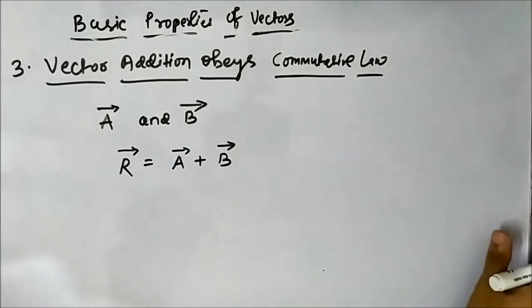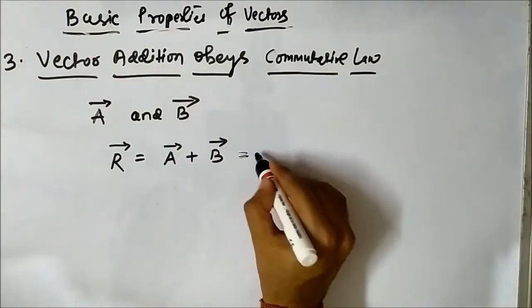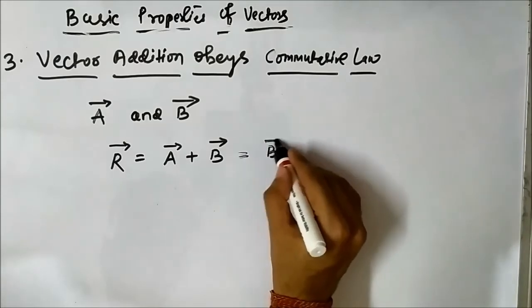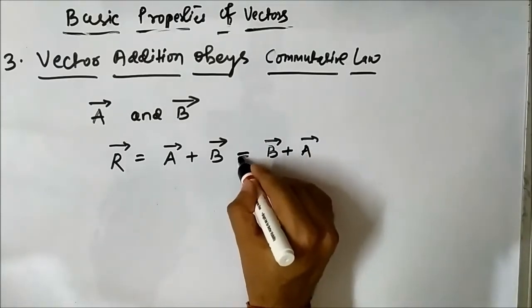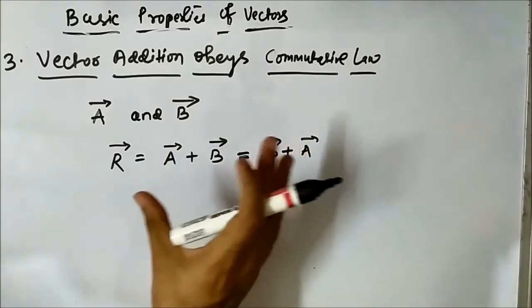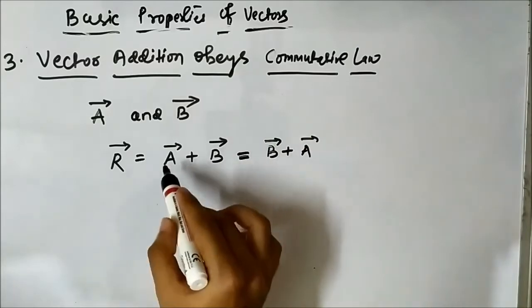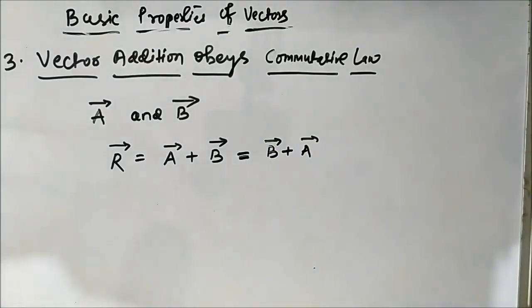So according to the commutative law, if we change the order of addition, b vector plus a vector, it will be equal. There will be no change. We will get the same resultant no matter in which order we add the two vectors, a vector plus b vector or b vector plus a vector.